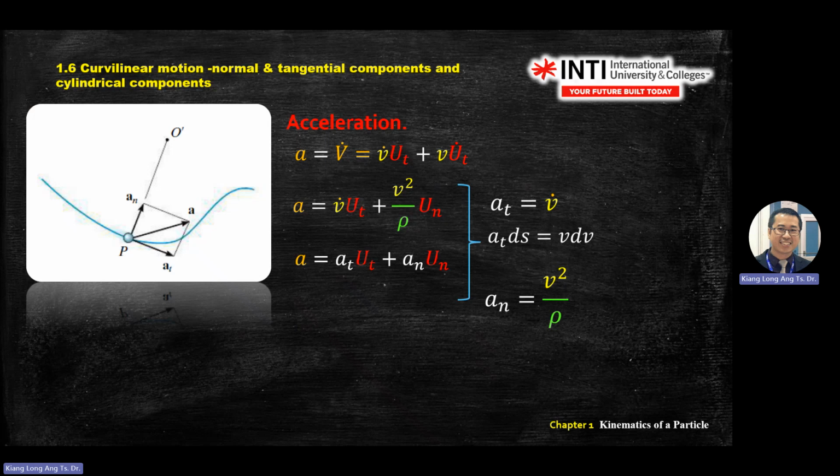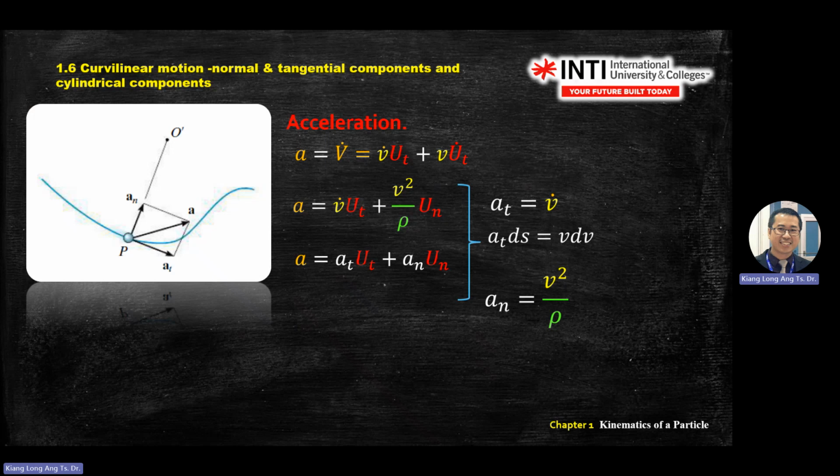Tangent and normal are 90 degrees, so you are seeing a right-angled triangle here. Remember the right-angled triangle with sides A and B: C squared equals A squared plus B squared, or C equals the square root of A squared plus B squared.